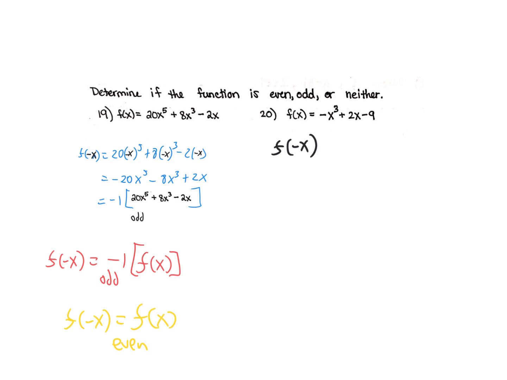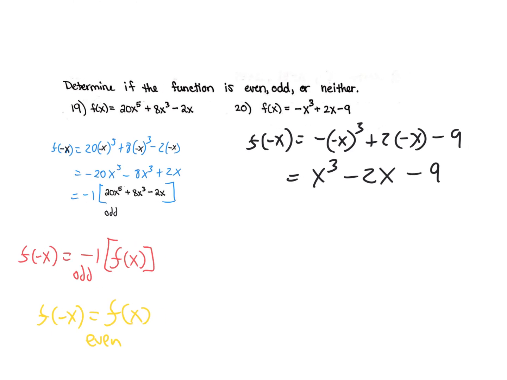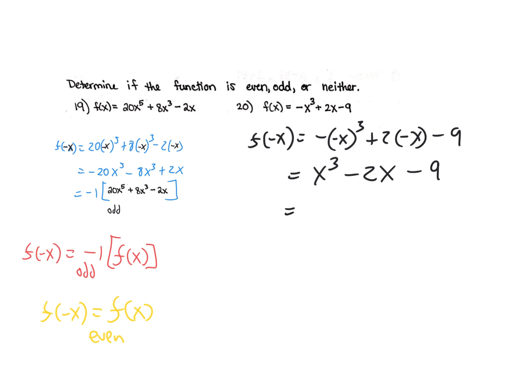Plugging in, I can already tell this is not going to be even. Plugging in a negative x is going to change the sign here. Now, the presence of this constant is going to make it so it's not odd either. Let's go ahead and factor out a -1. We would see that it would become negative x cubed plus 2x, but then it would become plus 9.